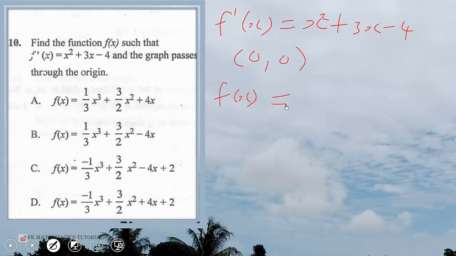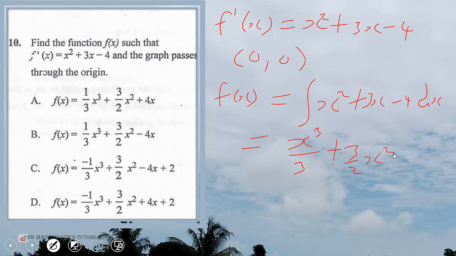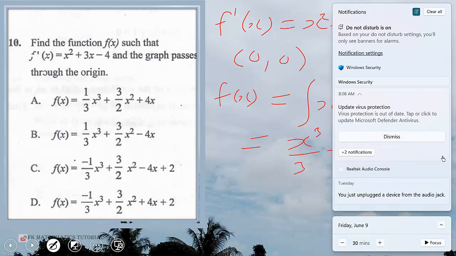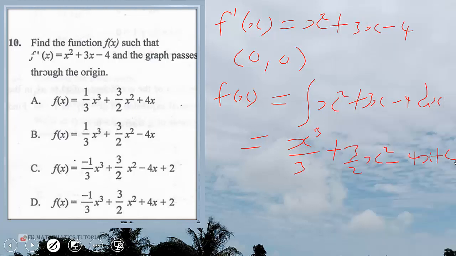We have to integrate x squared plus 3x minus 4 dx. When you integrate x squared, you get x cubed over 3. When you integrate 3x, you get 3 over 2 x squared. If you integrate negative 4, you get negative 4x. Then plus the constant of integration, which is c. So this is f of x.